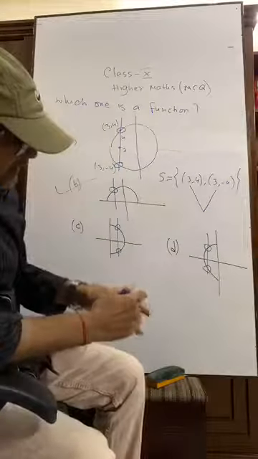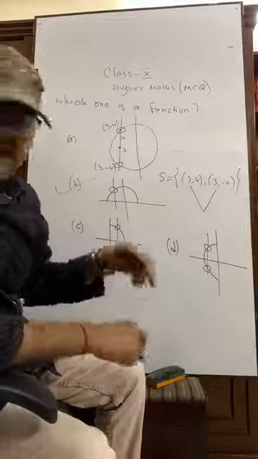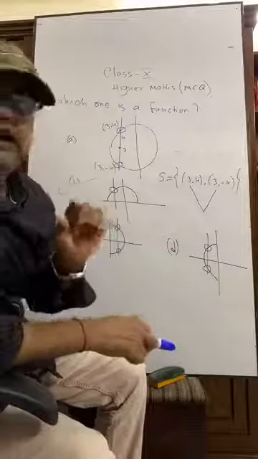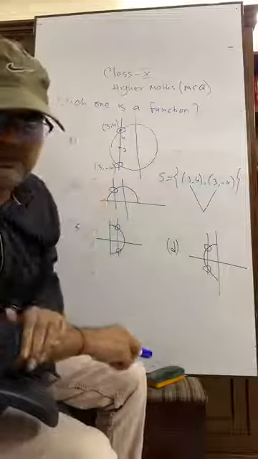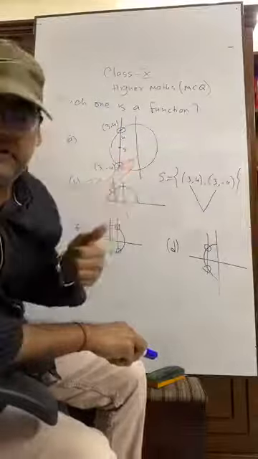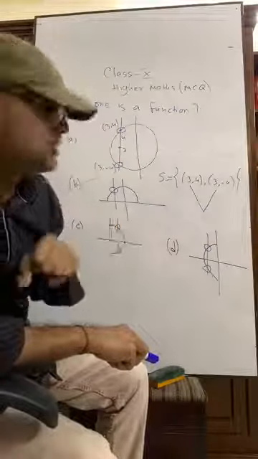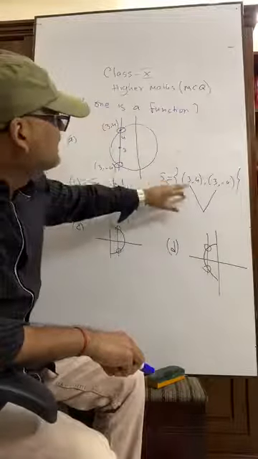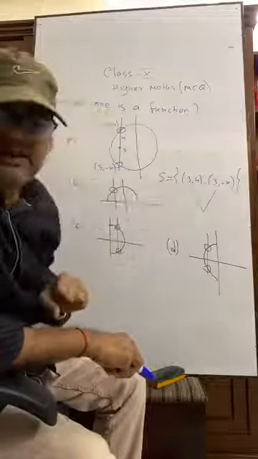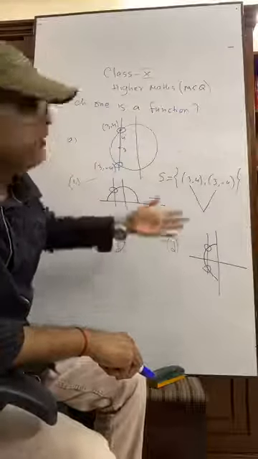I repeat, if in a relation it is seen that the first elements of the ordered pairs have been repeated, then it's not a function. So here, the first element 3 has been repeated, so it's not a function.